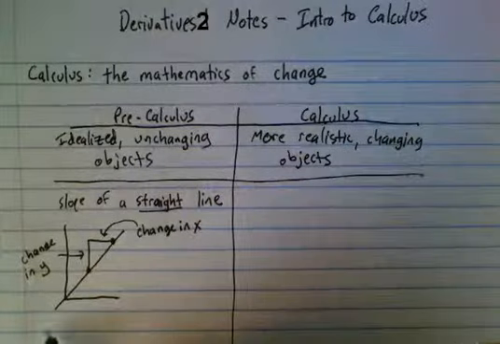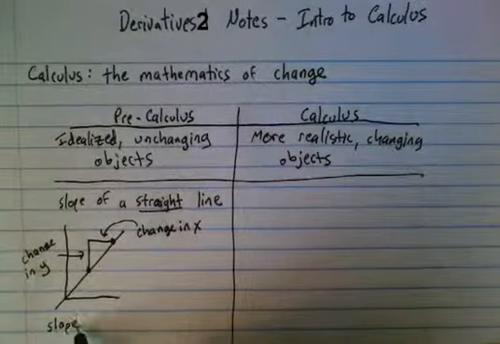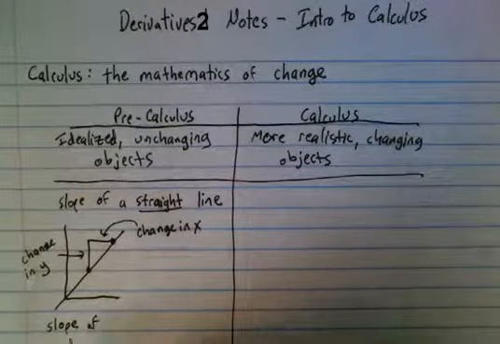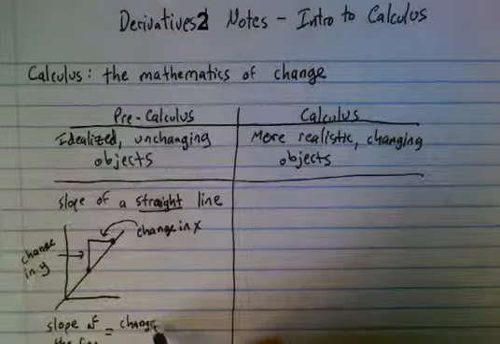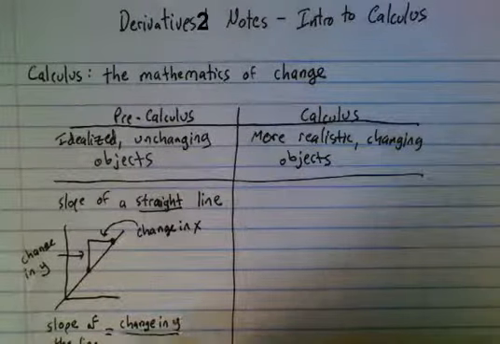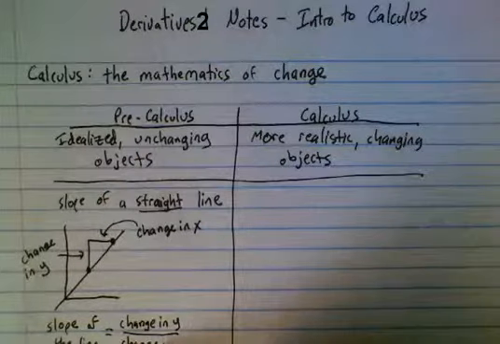And then we know that the slope of the line is change in y over change in x.